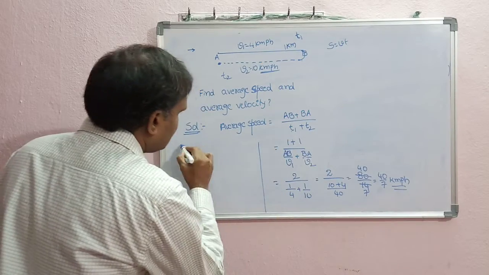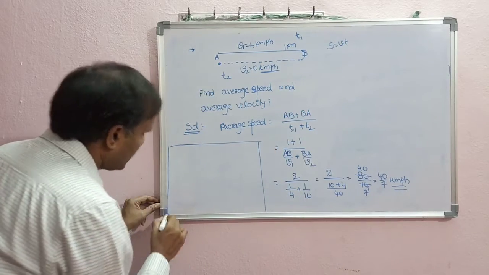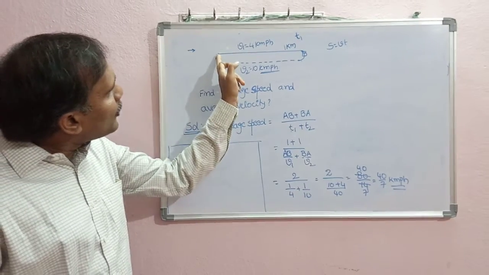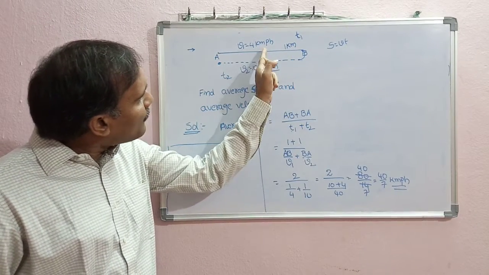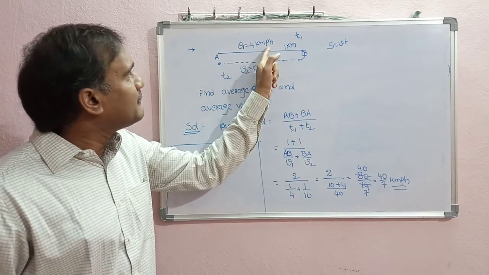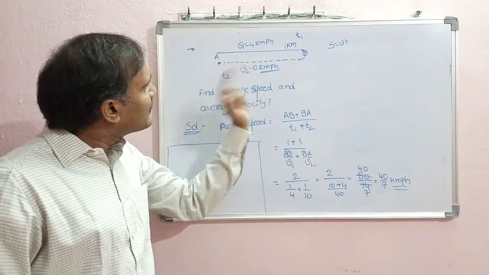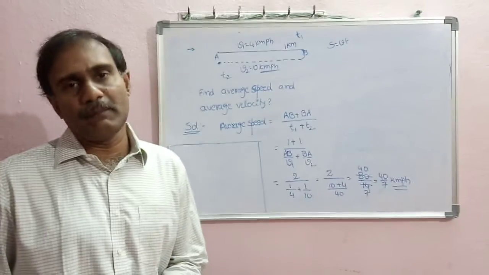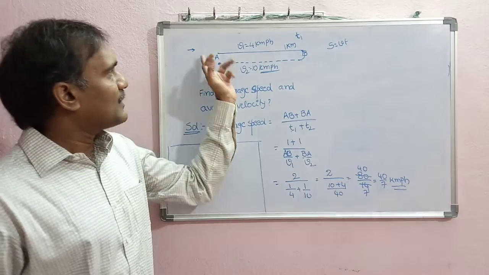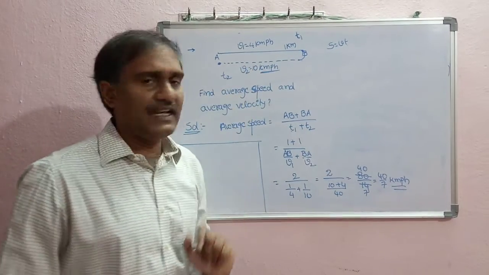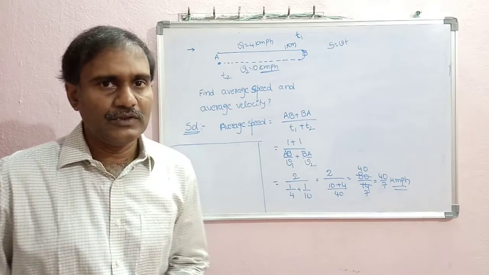You can observe the same problem. It appears that the body covers the first half of the displacement with the velocity 4 kilometers per hour, and the second half with the velocity 10 kilometers per hour. First half of the journey with the velocity v1, second half with the velocity v2.